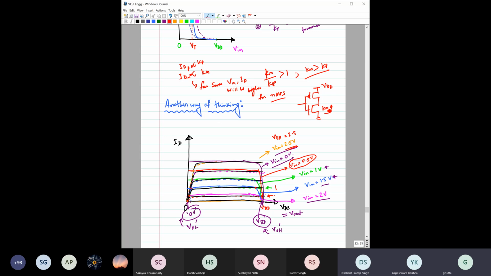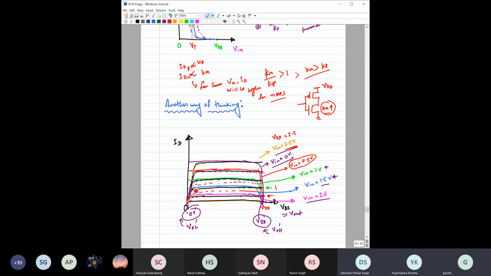However, now you have increased this gain. So what will happen to each line? Each line will now be shifted upward. This line has shifted upward, and the next black line has also shifted upward. Previously, for the black line, you saw the intersection of this PMOS and NMOS, after which the point was transferring from this side to this side, meaning there is a switching on the output side.